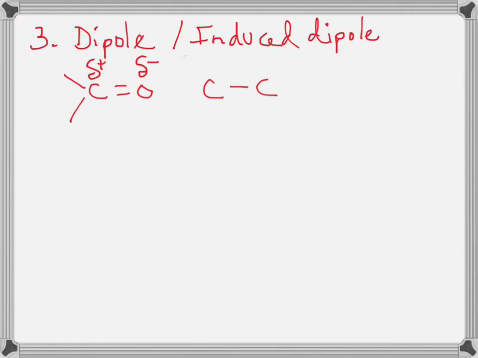When you have a dipole like this one, you have this negatively charged oxygen, it might force a lot of the electrons that I'll show here in purple to congregate down on one end of the molecule. And so then you have what's called an induced dipole, where this end of the molecule is kind of negatively charged, and this end of the molecule is kind of positively charged.